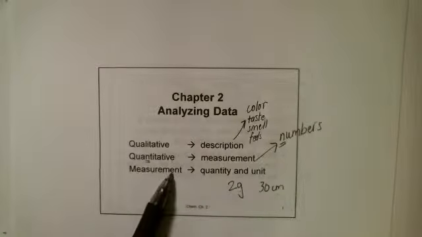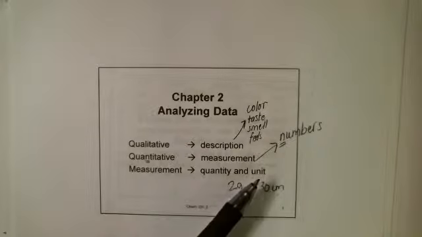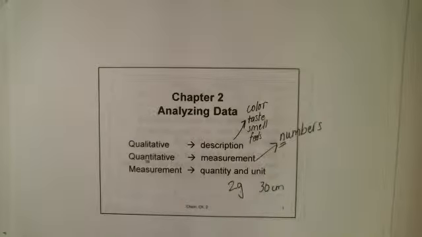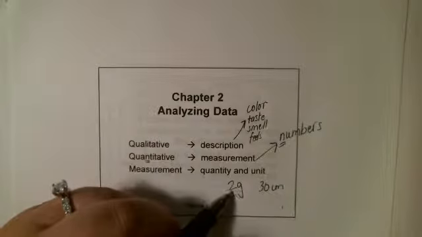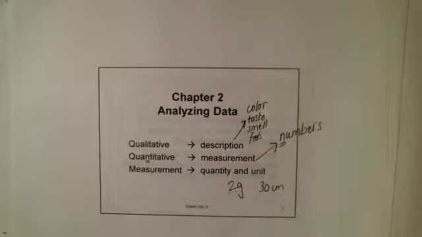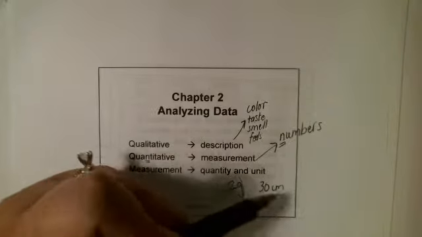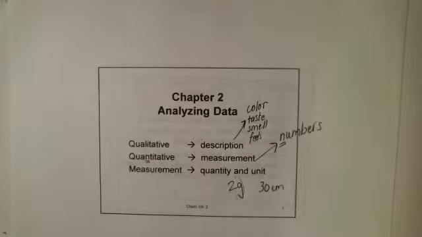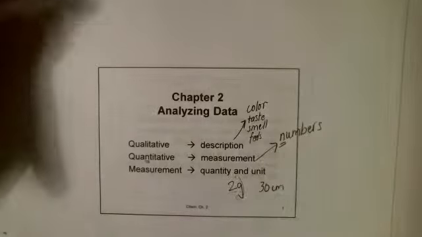A measurement must contain a quantity and a unit. Now what that means is that there will be a number and letters each time you make a measurement. These units are very, very important, so it is very important that you don't forget to write your units.